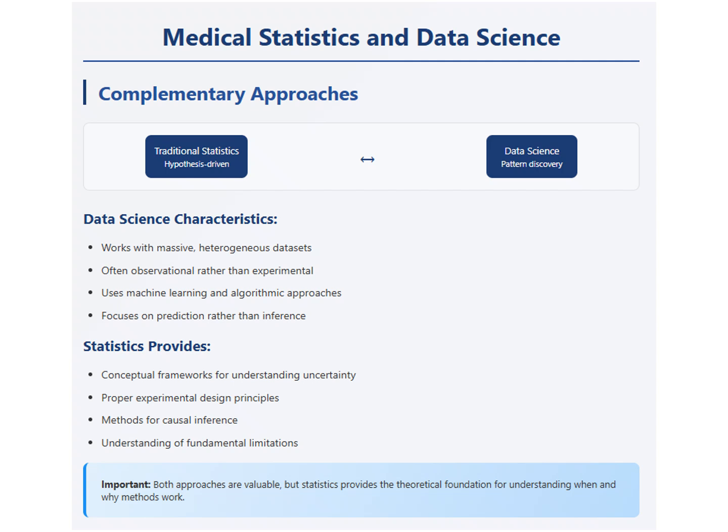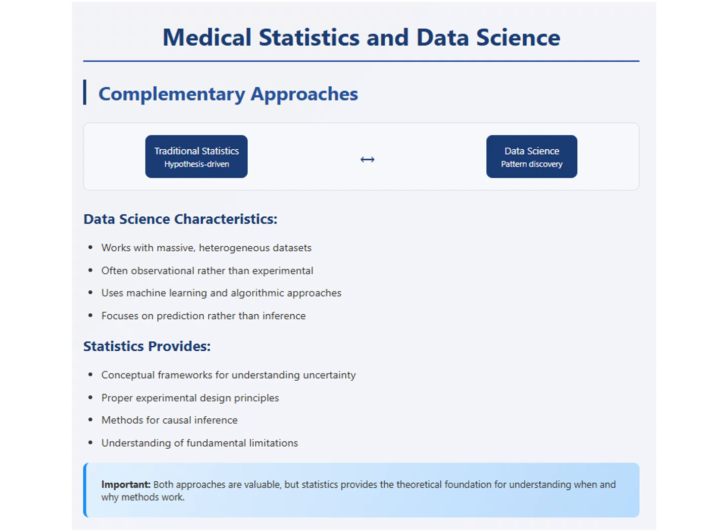During the COVID-19 pandemic, dozens of machine learning models were developed to predict which patients would have severe disease. Most of the models failed when deployed in real hospitals. Well, why? Because they lack the statistical rigor to account for changing conditions, different populations, and confounding variables.